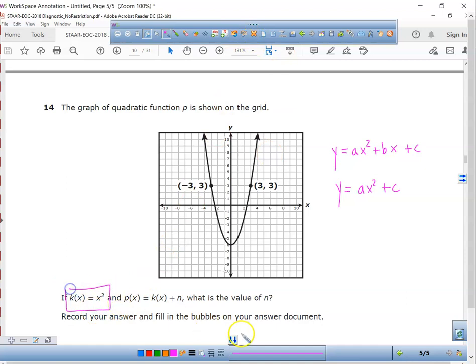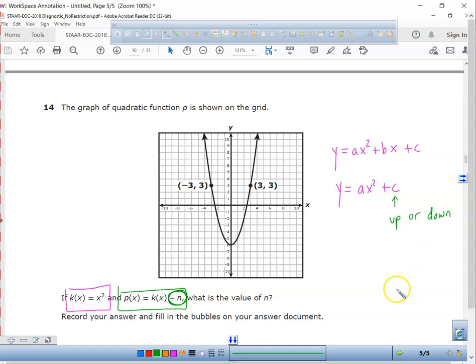They're like P of x is equal to K of x plus a number, plus a constant. Now that constant represents the C value right here. And the only thing that C value does is it moves the parabola up or down. That's the only thing the C value does.